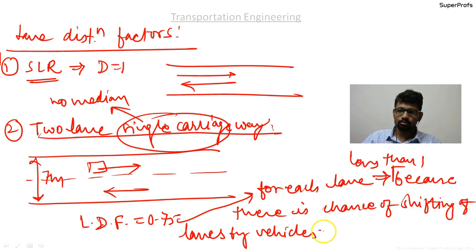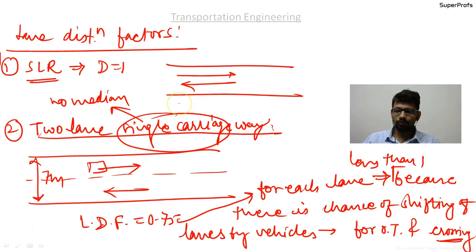In this case the commercial vehicles in both the directions should be considered, in all the cases wherever there is no median.